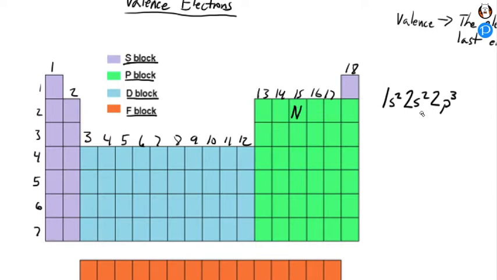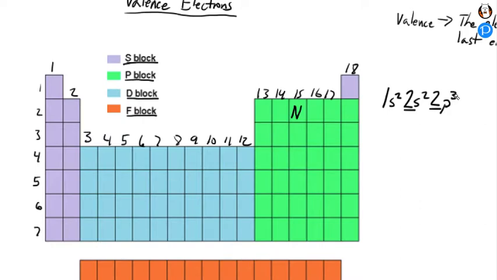Now the valence electrons, based on this electron configuration, are the electrons in the highest, or outer, energy shell. I've got a 1s orbital, a 2s orbital, and a 2p orbital, so the highest energy level is 2. There are 3 electrons in p orbitals and 2 in the s orbital, all at the second energy level.